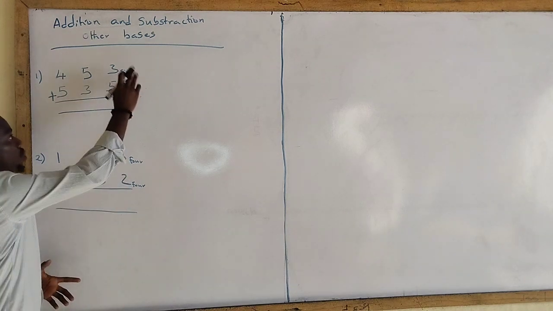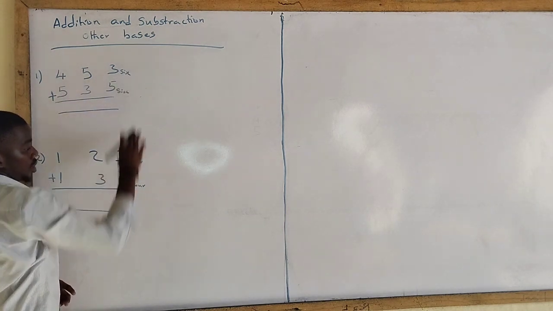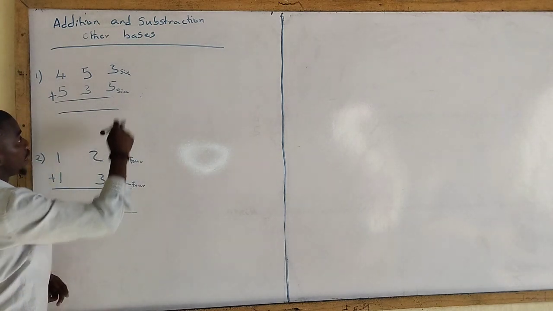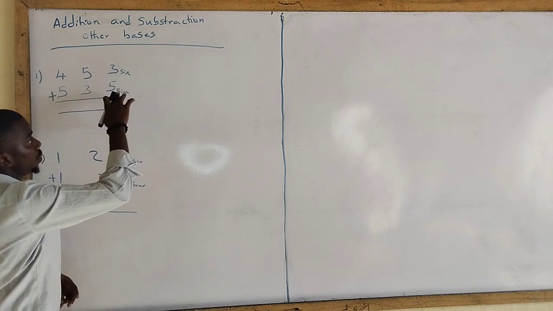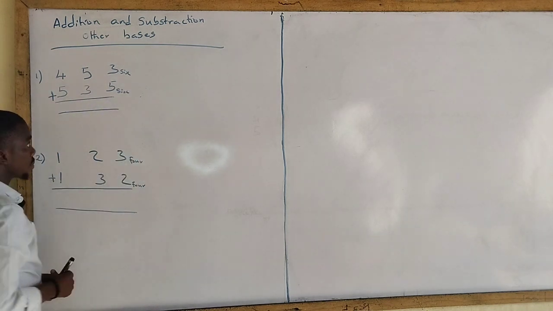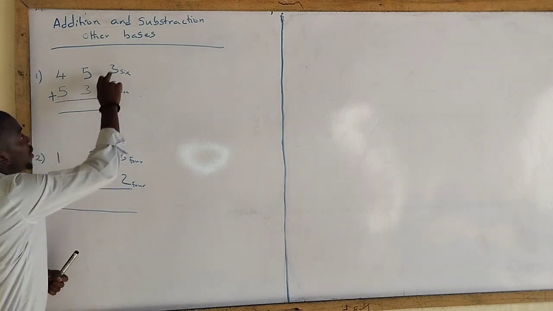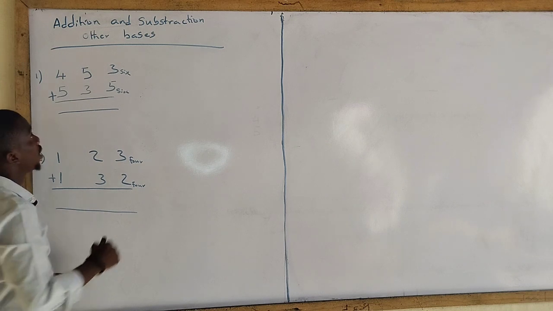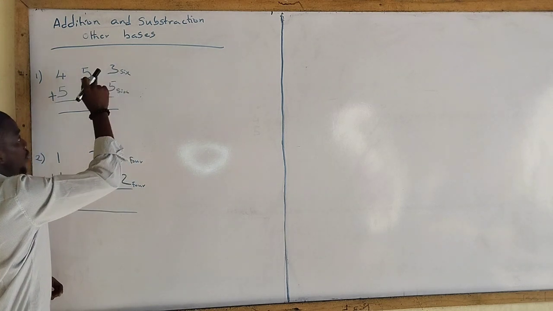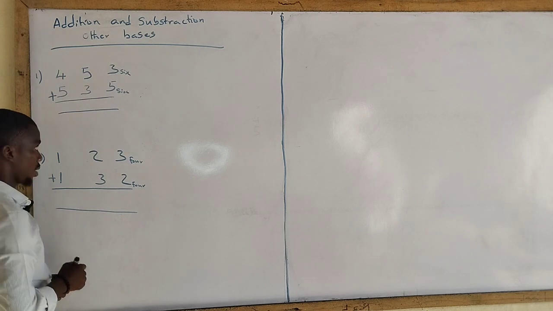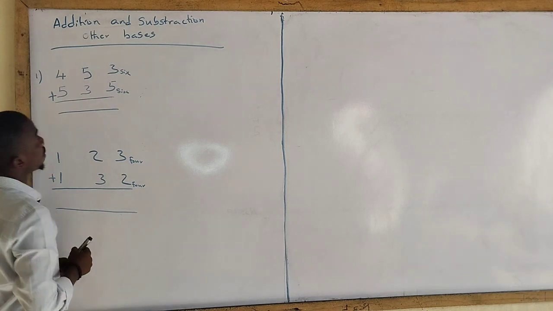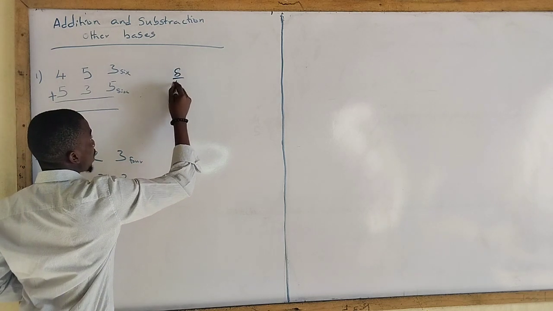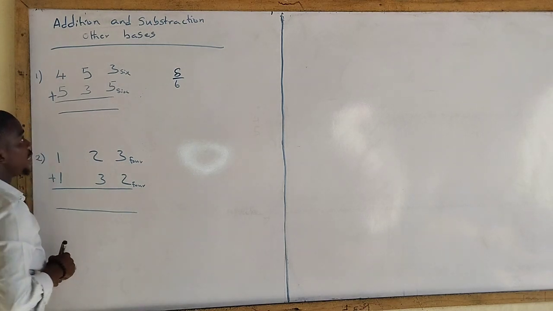I'm going to use each of those methods in the questions. Let's use the quotient division method first. So 3 plus 5 is equal to 8. We say 8 divided by 6.